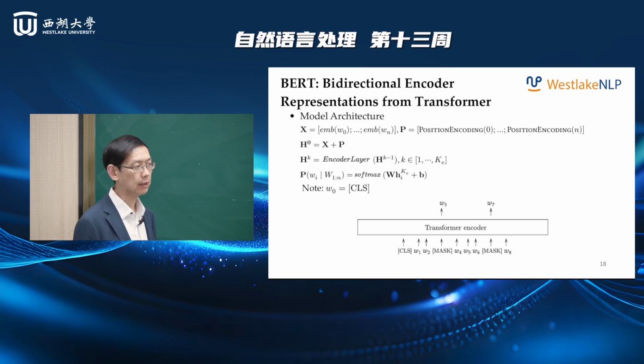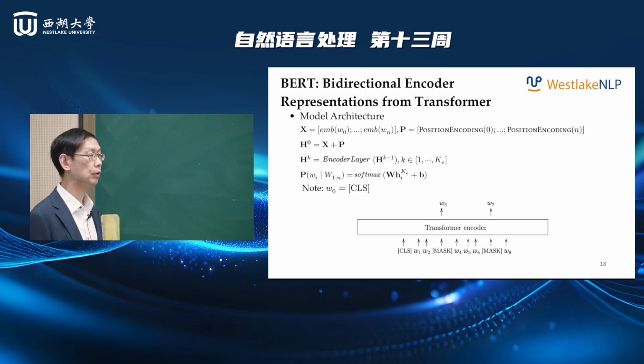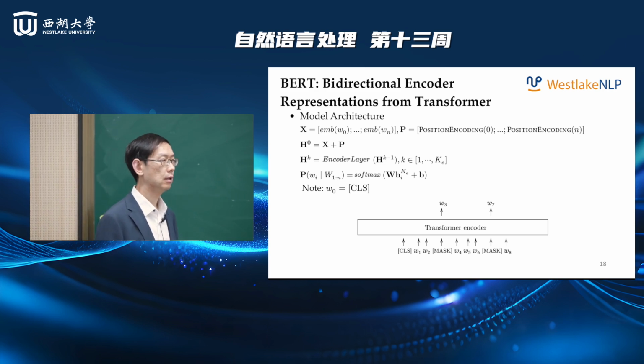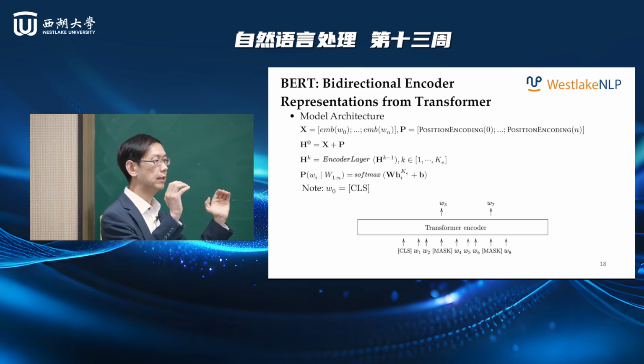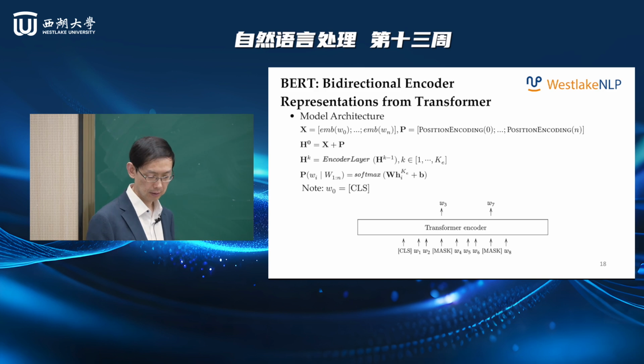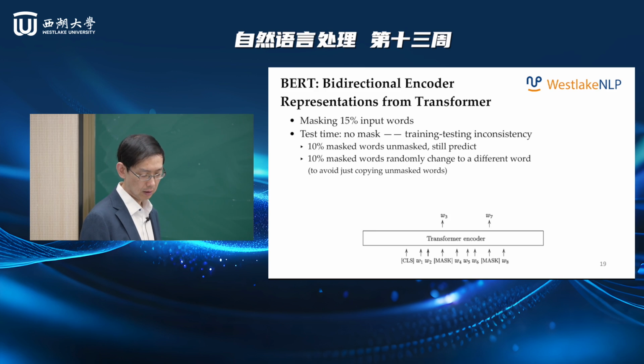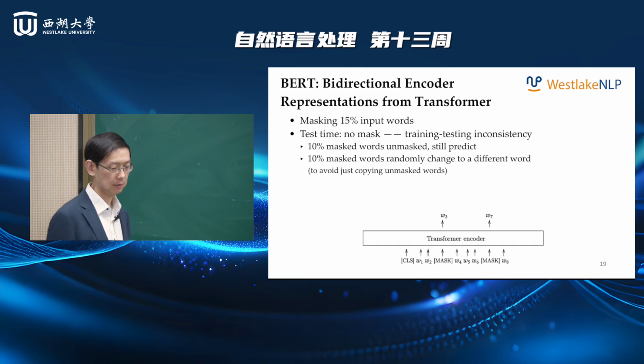And it's worth noting that we add a W0 to the sentence. It's a special token called CLS, just as S, okay? How do you mask? You randomly select 15% of the words from your training data, and you change them to mask, okay?